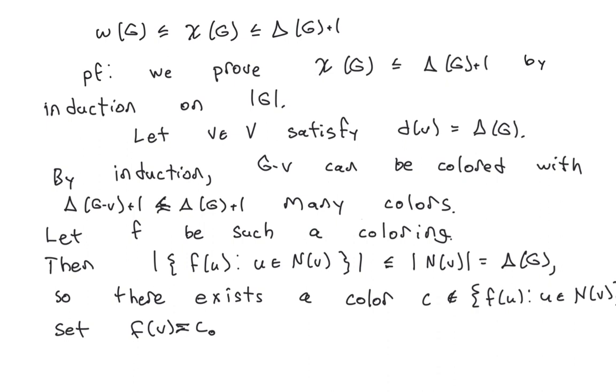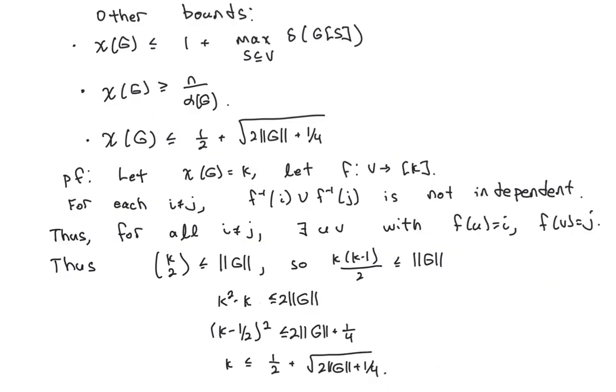All right, so now we're going to give some other bounds for the chromatic number of a graph. Two of these are related to homework problems, but the other one we'll do. So another upper bound is that chi of G is bounded from above by 1 plus this expression.